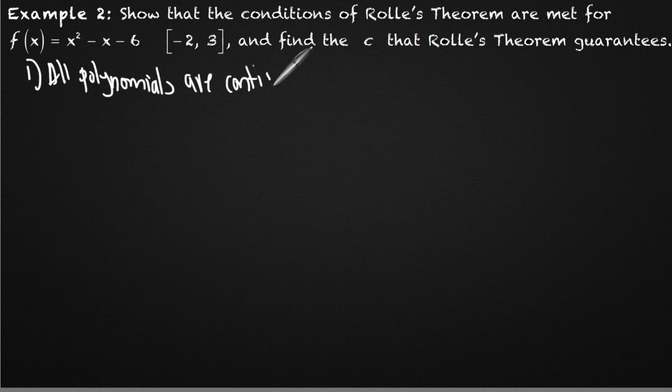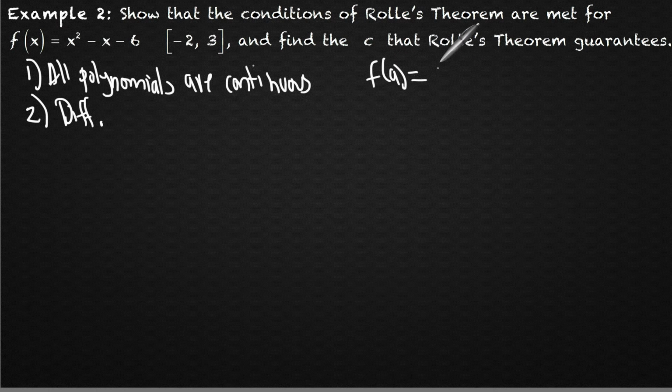Linear functions, squaring functions, cubing functions are all continuous. All right, we know this is a parabola, so it's differentiable at all points. And Rolle's theorem basically says that f of A must equal f of B. Hence, when you connect these 2 points, you get a slope of 0. So we have to prove that before we can even use Rolle's theorem.